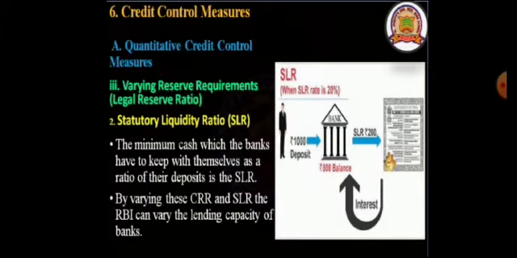And these 200 rupees which the banks keep with themselves as a ratio of their deposit, they are going to invest in government securities or in gold. And presently, rather than CRR, SLR is in great demand in our India.